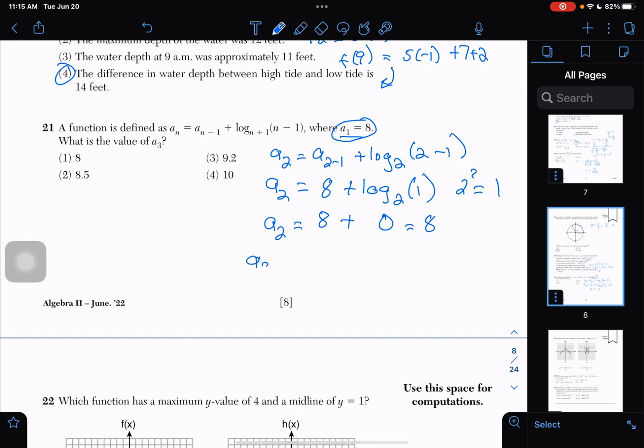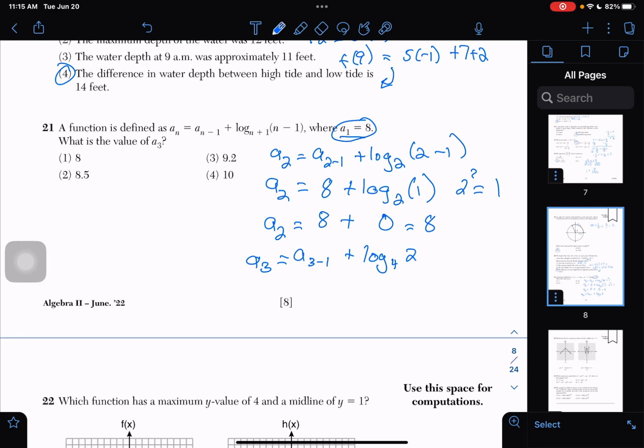Now we go to A3, we have to do A3 minus 1 plus log of 4 to the n minus 2, which is 2, right?